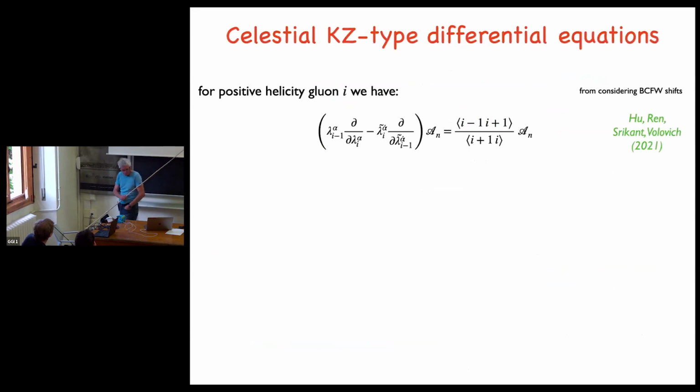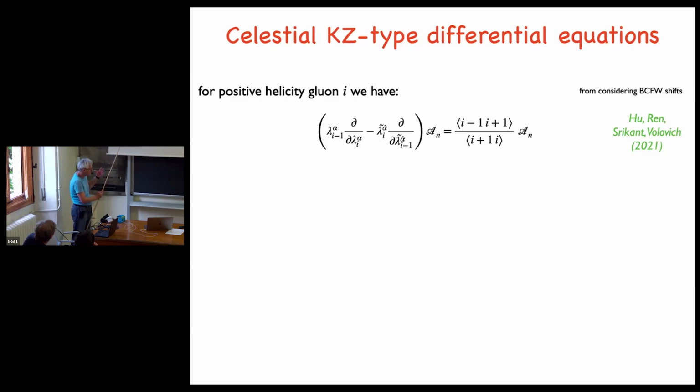Now, actually, without any reference to celestial or Carrollian, you can look at your n-point amplitude and introduce a BCFW shift on two particles, i and i plus one, and then you can look at how the amplitude behaves under this BCFW shift.